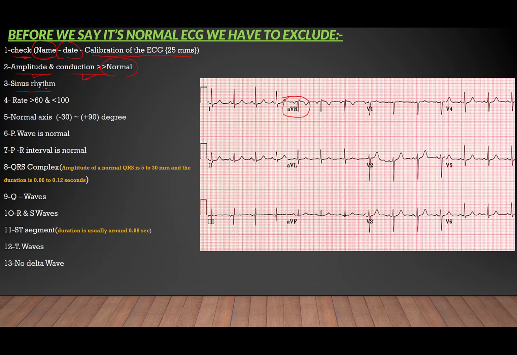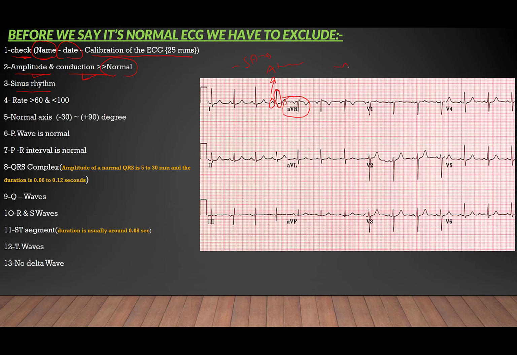Here we have the P wave, which represents the atrial depolarization. So the SA node makes the atria contract, then QRS, and then ST and T wave also.